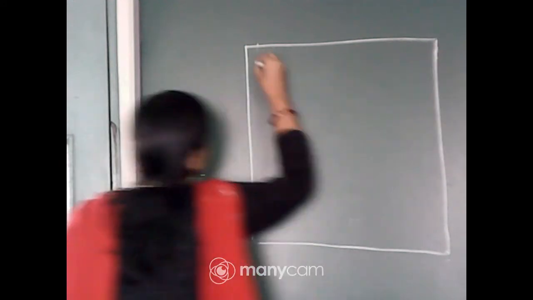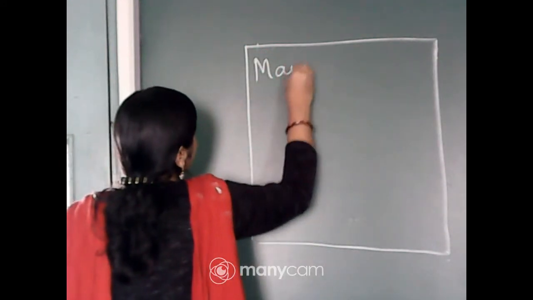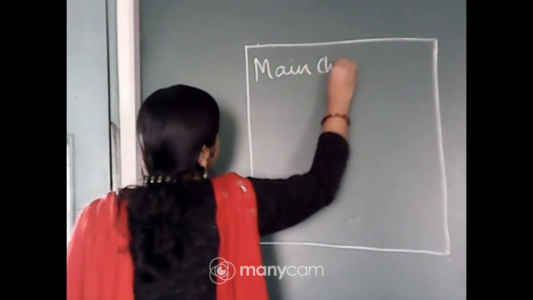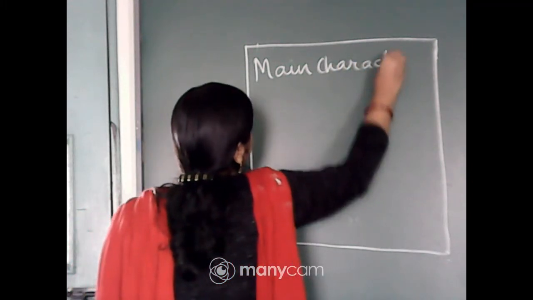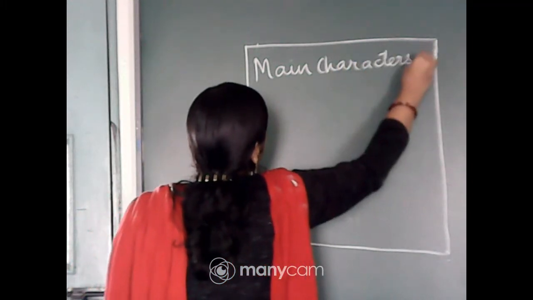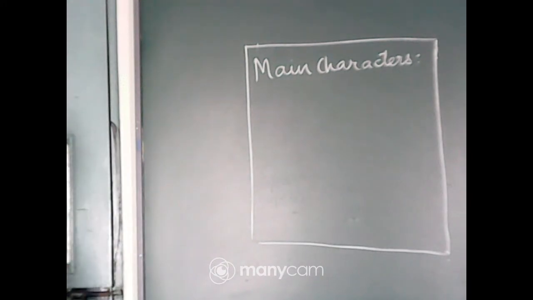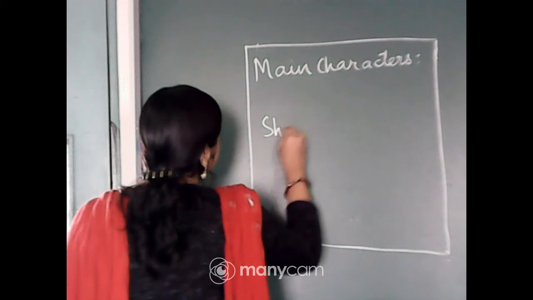In the second page, you will begin by writing the names of the main characters. Since it is a story book, there will be characters. You will write the name of the main characters. Then you will write a short summary.